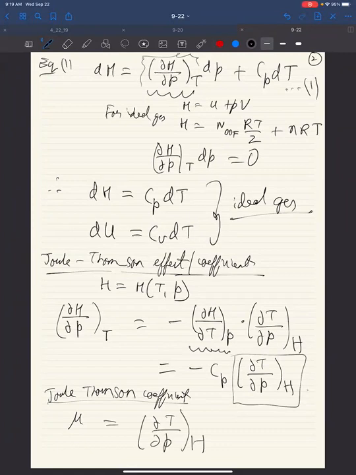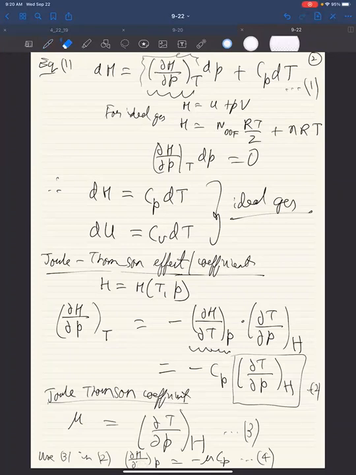Okay, so let's call this one equation 2, and let's call this equation 3. So if we use 3 in 2, what do we get? We get partial H by partial P at constant T is equal to minus mu multiplied by Cp, right? And if we take this equation number 4 and put it in equation number 1, then we can see that, no, I messed up something.